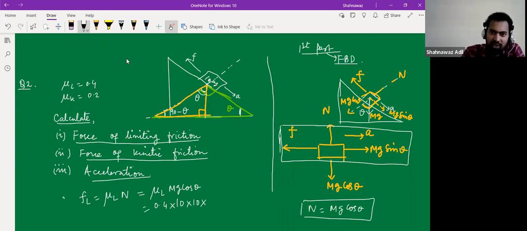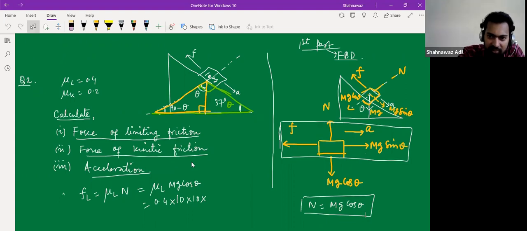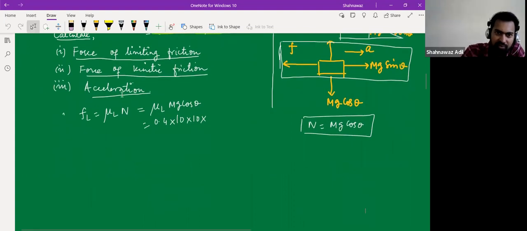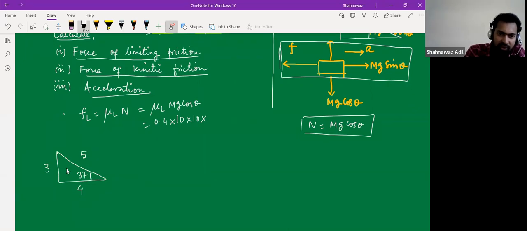So this was in the question, 37 degrees. And you guys remember what I said about this 37 degree part in a right angle triangle? Let's say this side was 3, this was 4, this was 5. Opposite to 3 was 37, and opposite to 4 was 53.